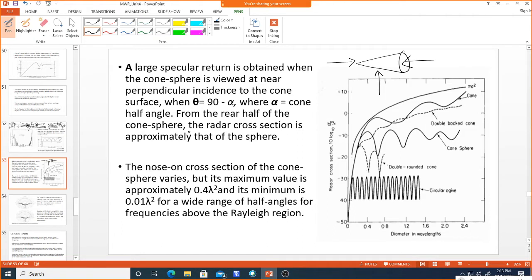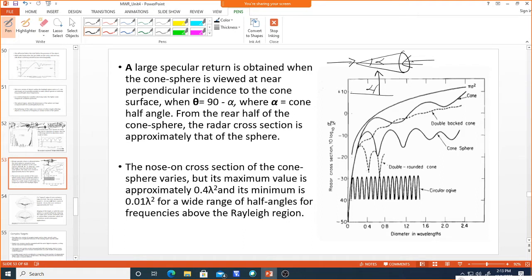Okay, now if you are incident perpendicularly to the cone surface, when theta equals 90 minus alpha, that means the incidence is measured with respect to the x-axis, where the angle is alpha, the cone half angle. Then the radar cross section is approximately that of a sphere.